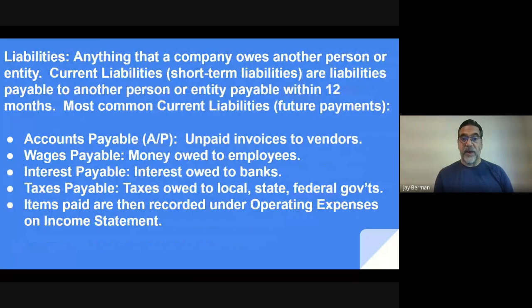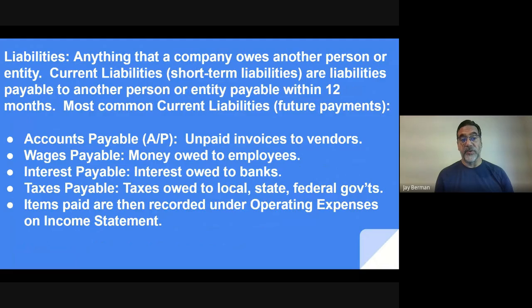So now let's talk about liabilities. A liability is anything that a company owes another person or entity. Current liabilities, also called short-term liabilities, are liabilities payable to another person or entity within 12 months. The most common current liabilities, and you can also consider them as future payments.